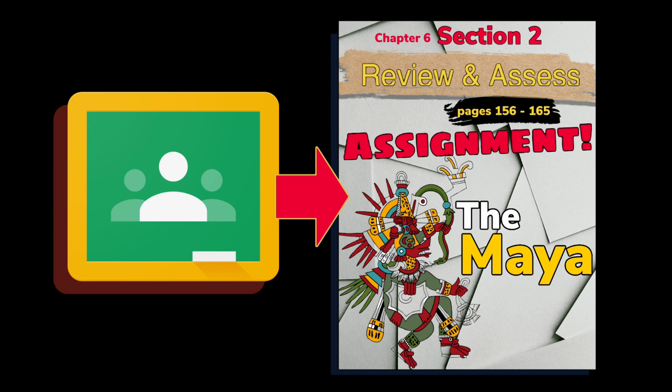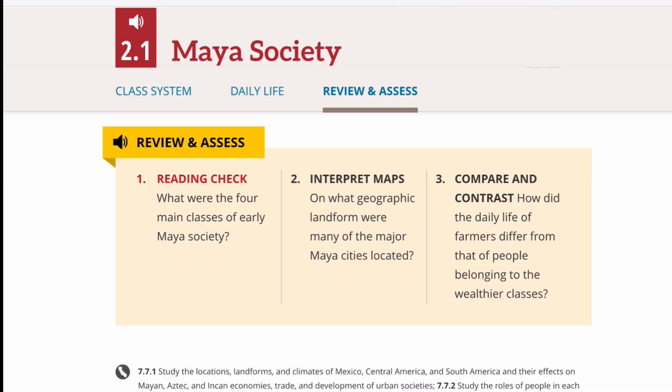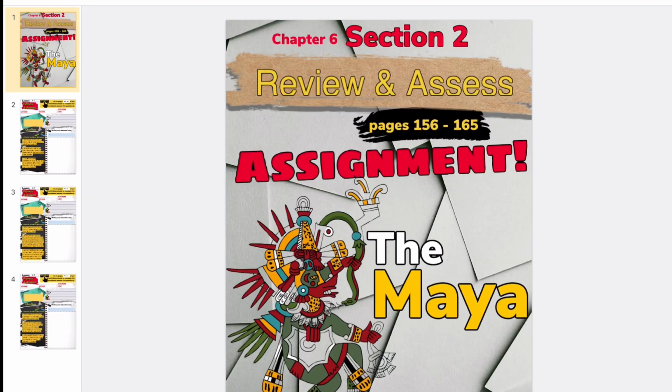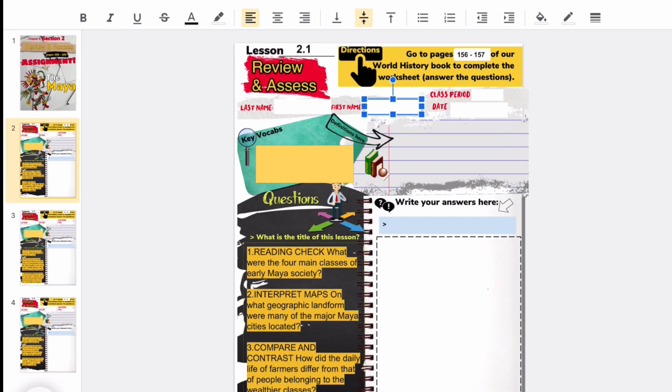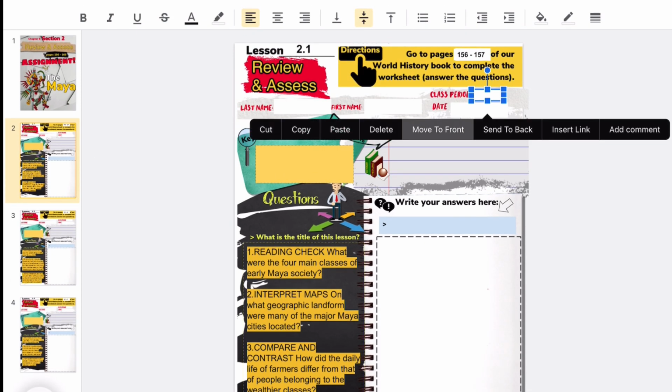Okay, now go back to our Google Classroom and open Chapter 6, Section 2, Review and Assess Assignment, the Maya, and answer the questions. Don't forget to fill up your last name, first name, class period, and all those basic information, and the key vocab. And don't forget to put the title of the lesson, Maya Society.